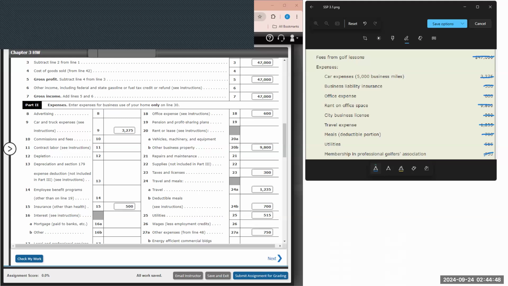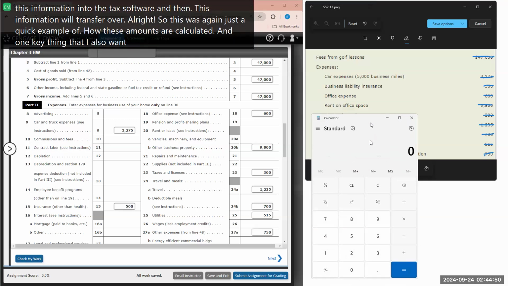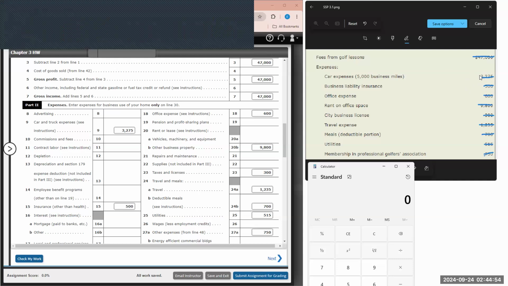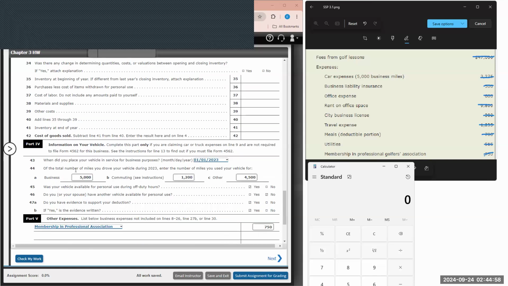And one key thing that I also want you to keep in mind with the mileage. So this problem made it a little easy for you. It just gave you the total amount of the car expenses. But one key thing to keep in mind is that with the car mileage, she's taking the standard deduction. So the business miles, 5,000, and the IRS allows you to take for 2023, 65.5 cents for each business mile driven.